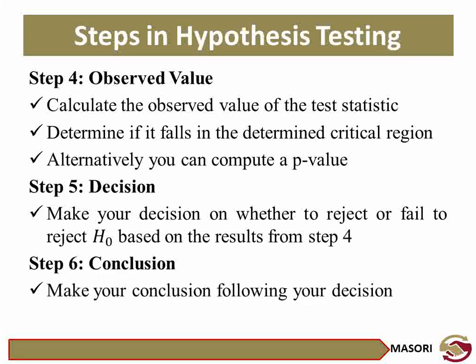So under conclusion here, you conclude based on what decision you have made. If you have rejected the null hypothesis, then you conclude that there is a statistically significant change. If you fail to reject, then you're saying there is no significant change.